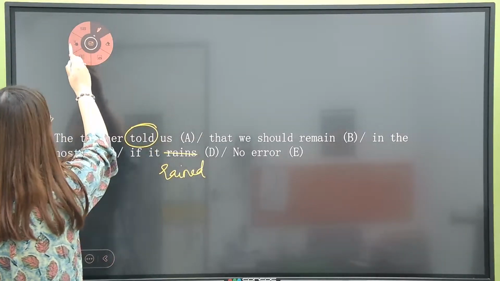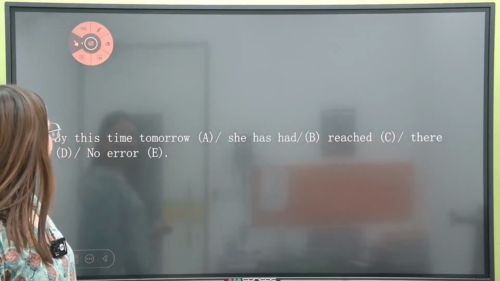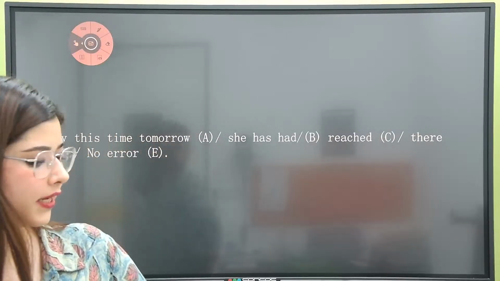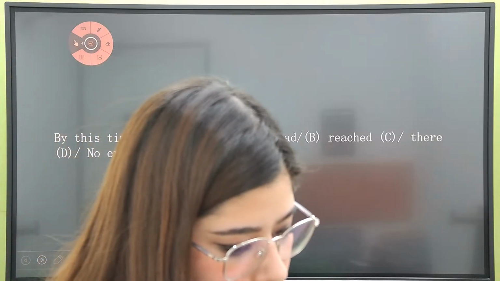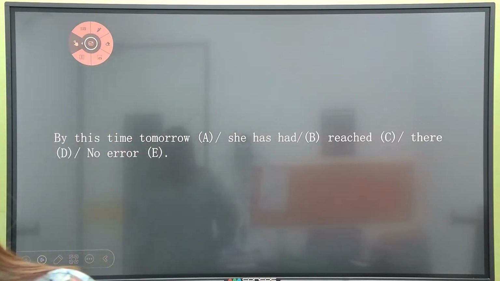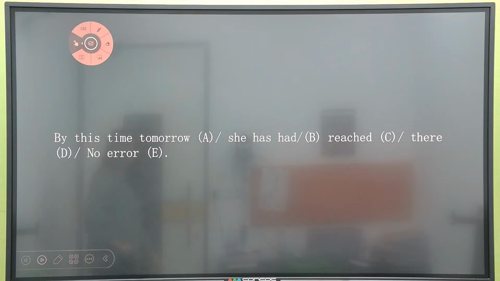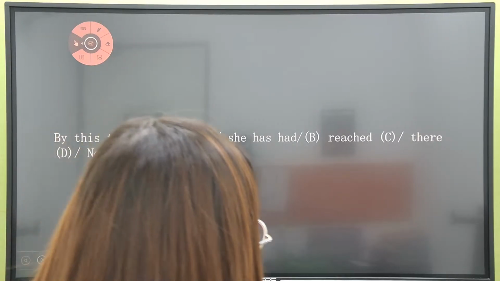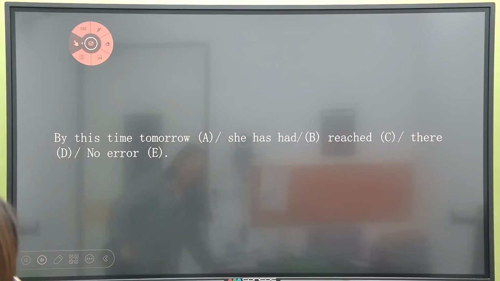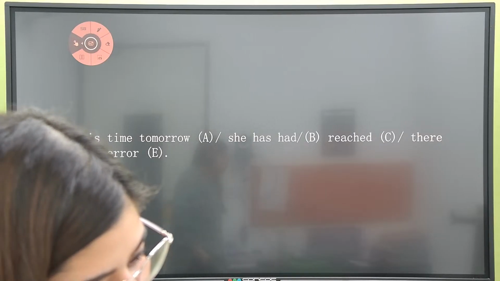Next, by this time tomorrow, she had reached there. By this time tomorrow, she dash. Here has had is written, but obviously it's not correct.